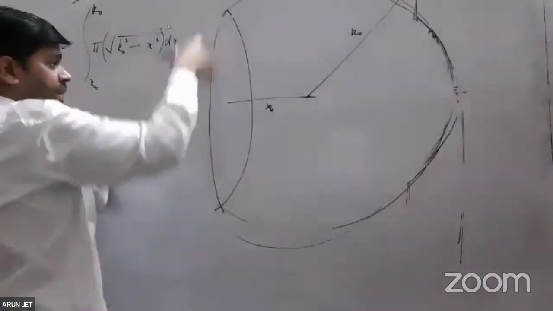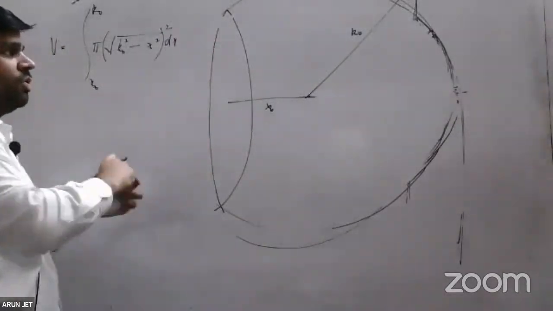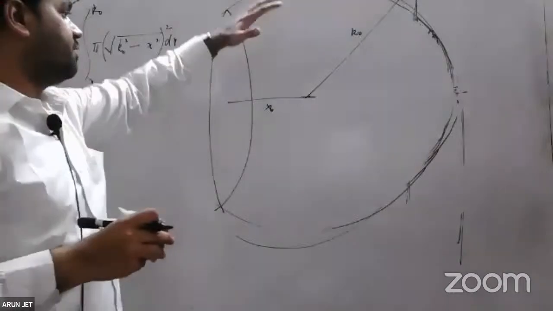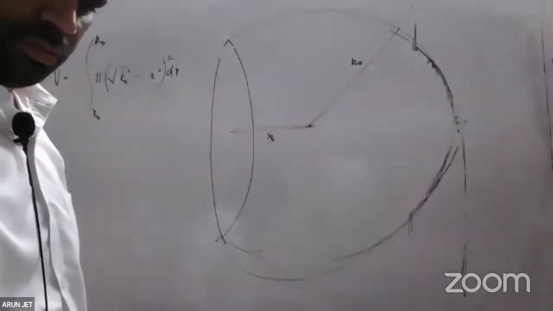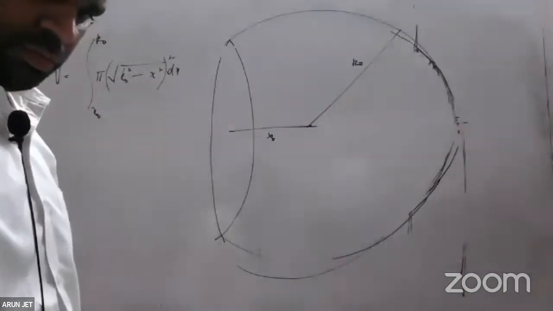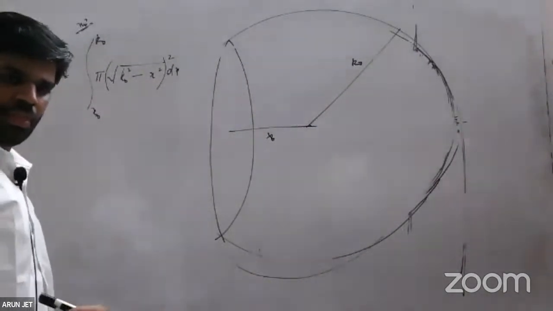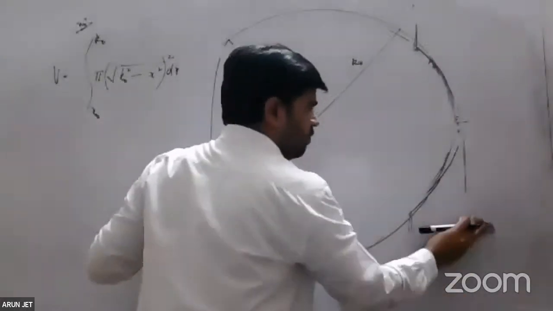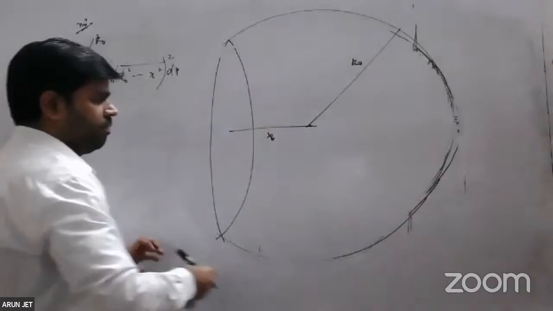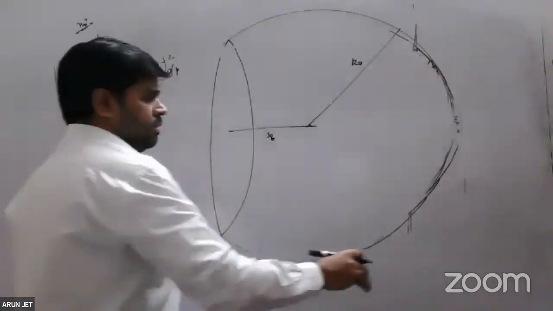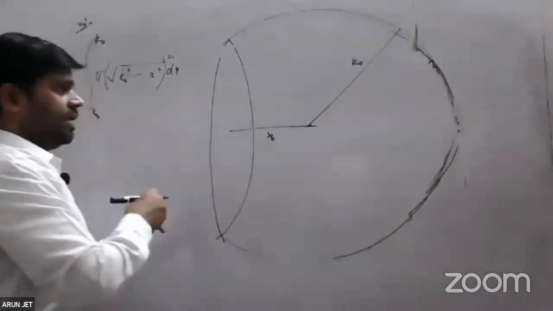I made this plane section and removed it. There is a bowl, a small bowl. I removed the plano-convex lens part from the sphere. Now I have to find out the volume of this one. So I'll again do the same thing.